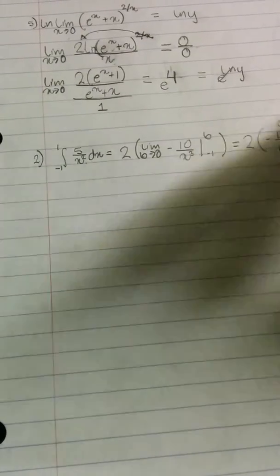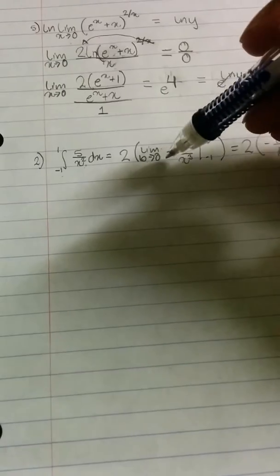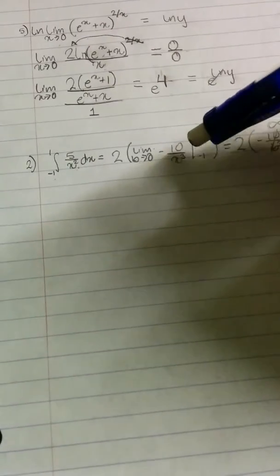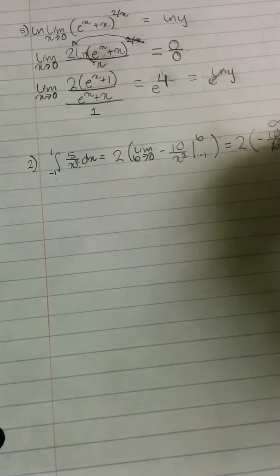So we're going to set a limit of a variable that goes to 0. So in this case, we have b. The limit as b goes to 0 of the integral of this, and the integral of 5 over x squared just comes out to -10 over x cubed.